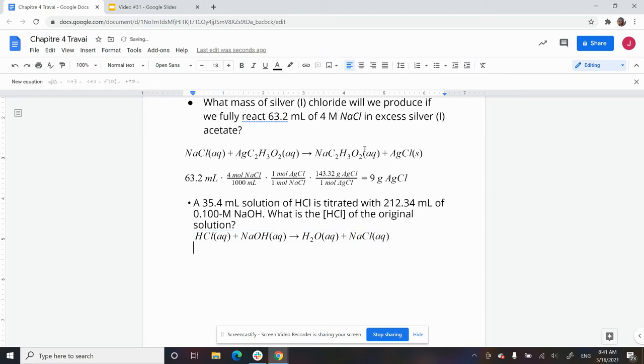And now this is asking for molarity of HCl. So that means I need to get moles over liters. So my first step to getting moles is going to be starting with the sodium hydroxide.